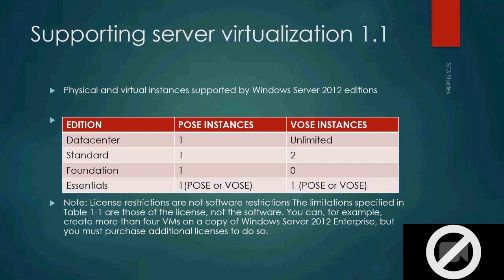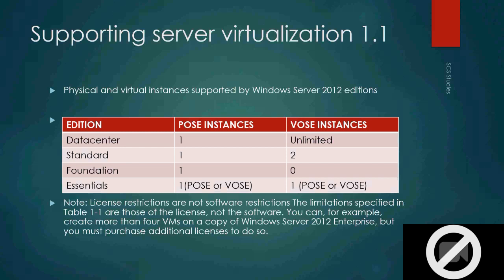This is the only thing we try to make you understand, that this slide is showing you the difference of licensing, not the software restriction. There is nothing restricting the software or preventing it from doing something or installing something. You can do whatever you want.